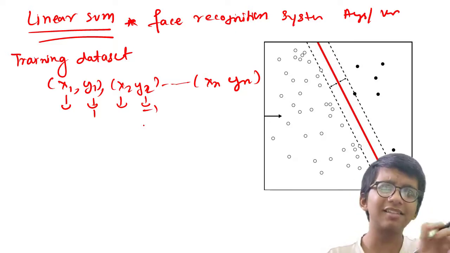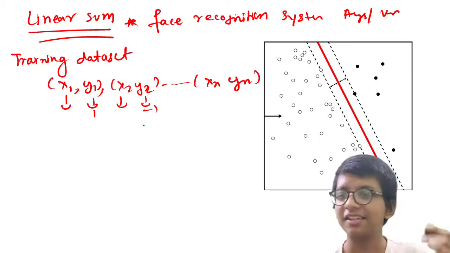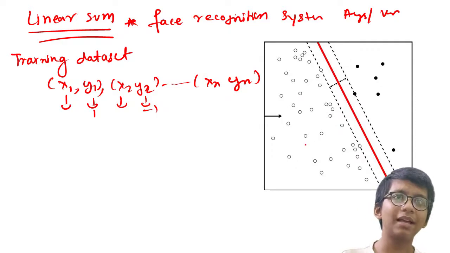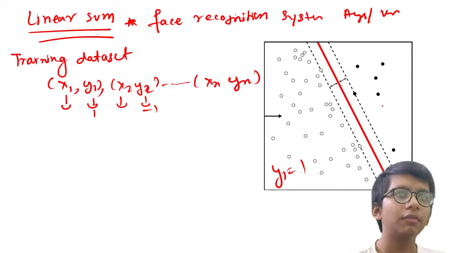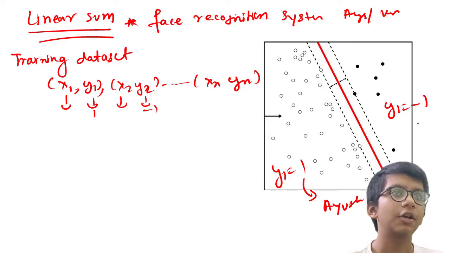We'll talk later about why we do this, but you can see that we have a training data set like this. Let's say this is our x, where y1 equals 1 and here y1 equals -1, where 1 is Ayush and -1 is Krish.